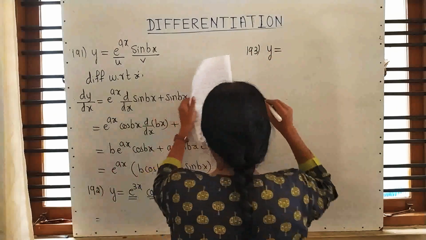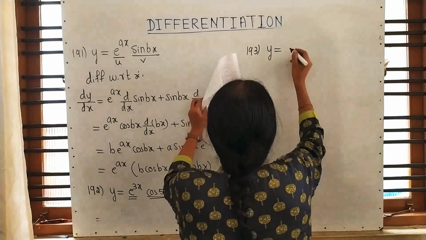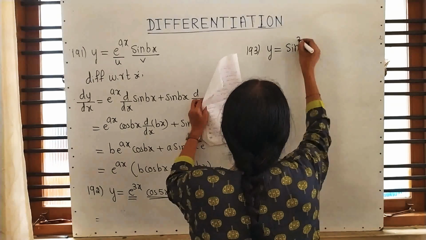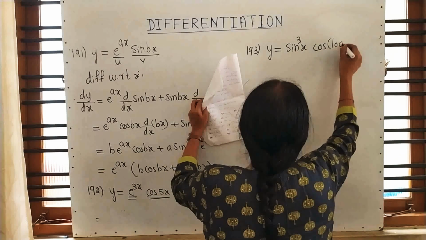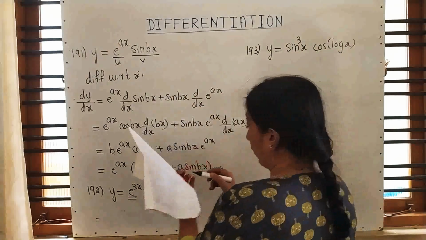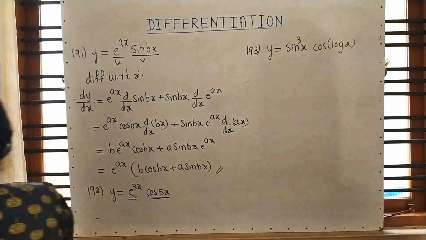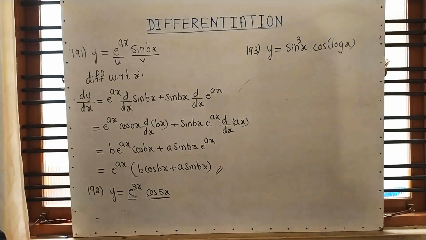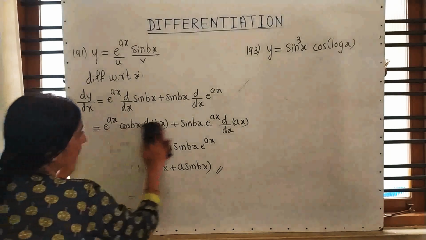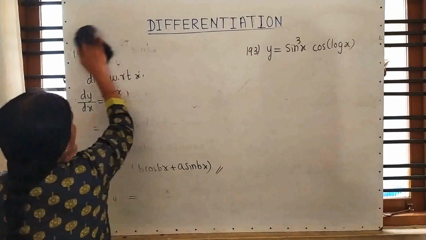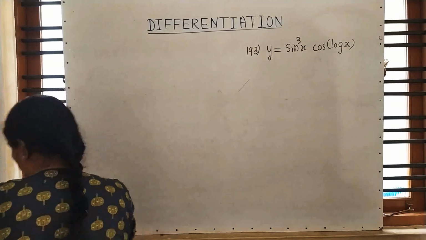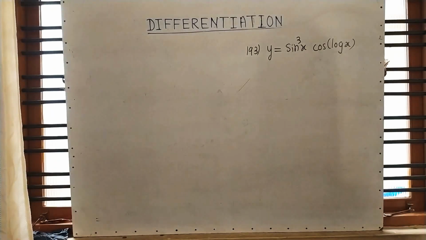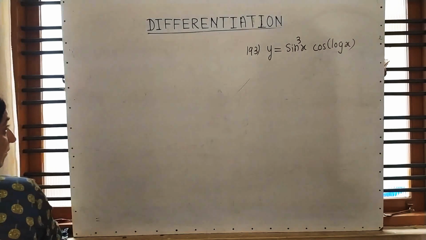193. Y is equal to sin cube x cos of log x. See, the sum is interesting. So first, basically which formula?